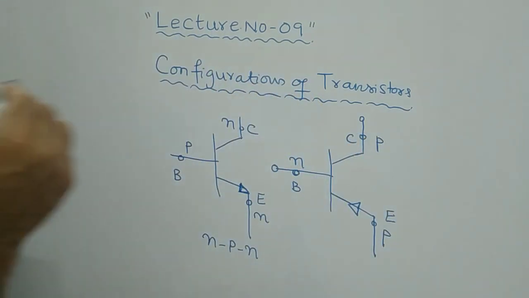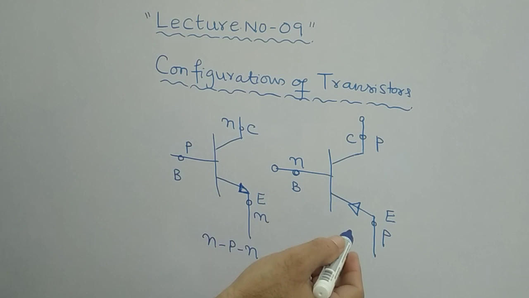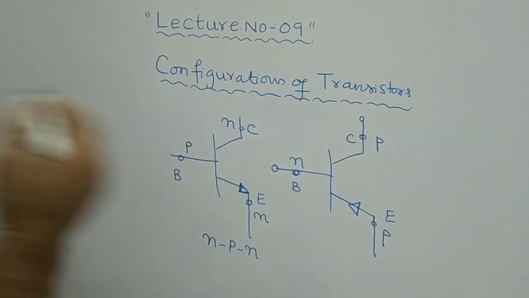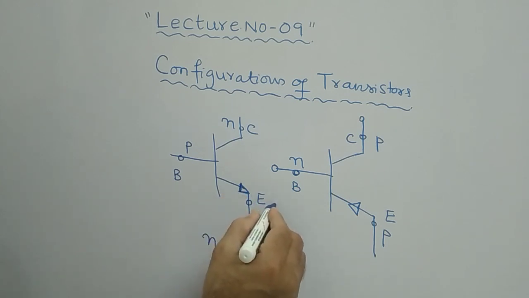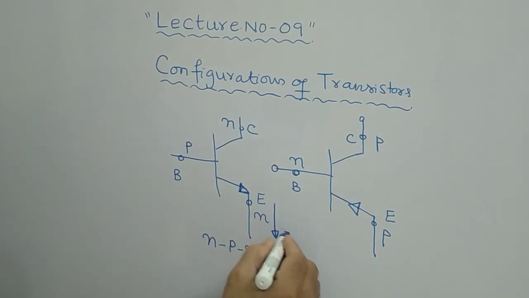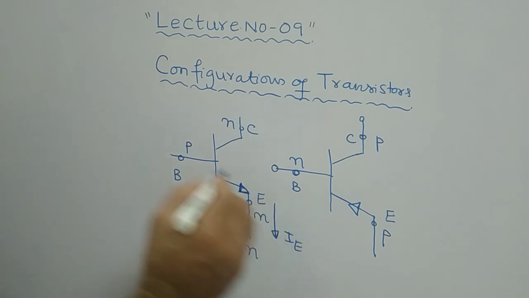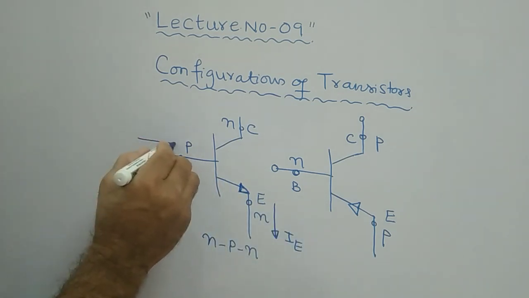Again, the arrow mark indicates the direction of flow of emitter current. Here the arrow mark is going outward, so the emitter current flows out, and your base current goes inside.